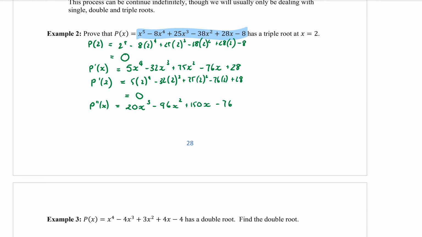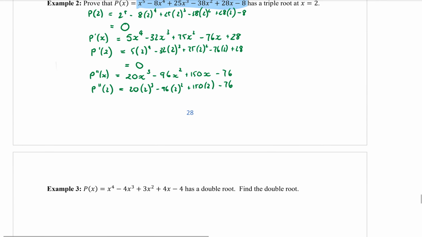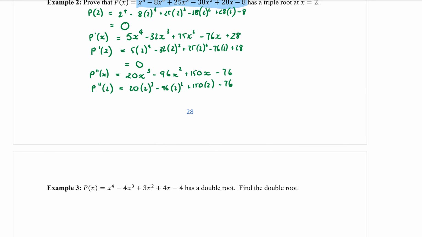To see if my multiplicity is going to continue to increase, I sub 2 into that. Okay, and again, that does equal 0.